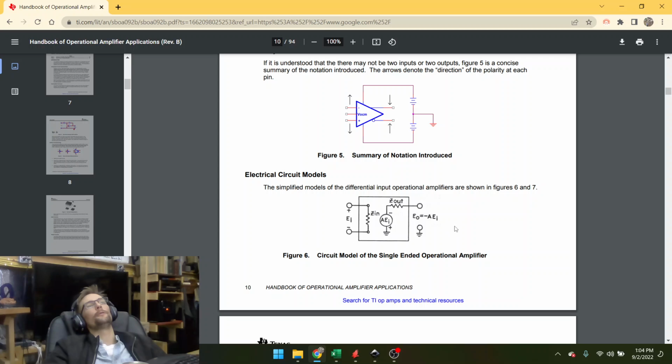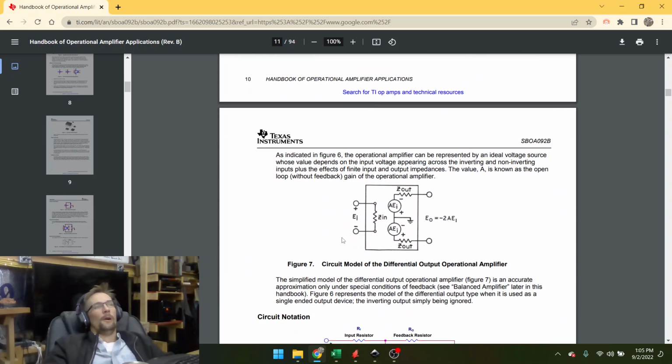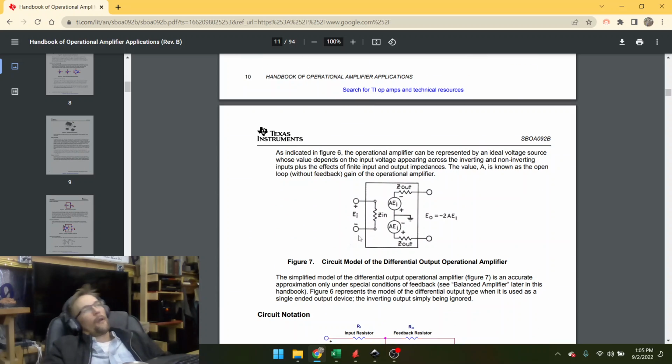If you put a load which is equal to Z_out, then this voltage gets divided by Z_out and the load, which equals Z_out, and it would be half of this. E_out would be one over two times negative A E_I. Okay.